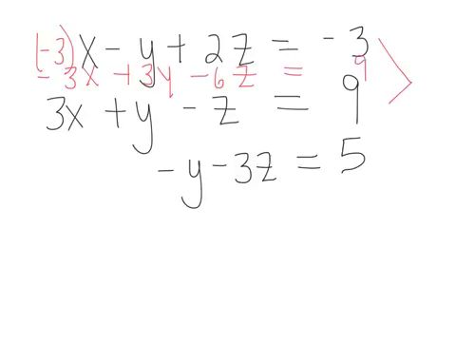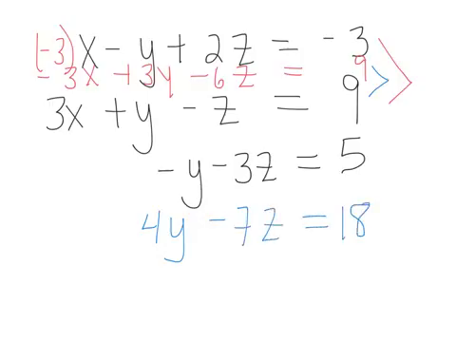So now we're going to combine those two equations. And we've got 4y minus 7z equals 18. Okay? The equation that's locked in place is the one that had the -3 next to it. So this one is gone.